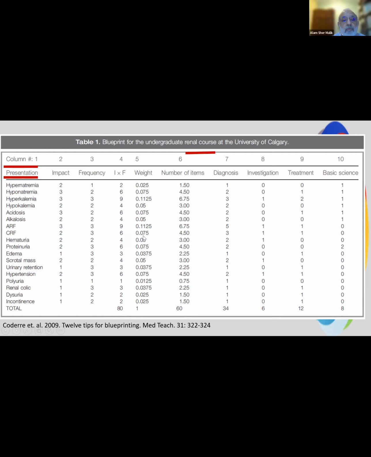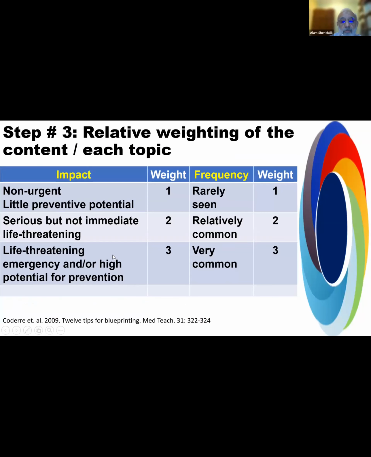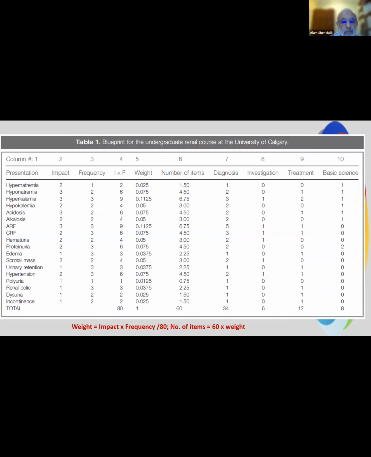Now, to calculate the weightage, based on the number of questions and impact factor, which I'll show you just now: weight is impact times frequency over 80, and 80 is this number.